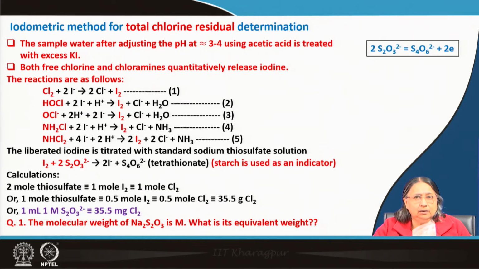So in the beginning we will not add starch. We start adding thiosulphate, and slowly the color becomes less intense, from brown to yellow. When we see a straw yellow color, that is a very faint yellow, then we add the starch indicator, and immediately we see the blue color formation.